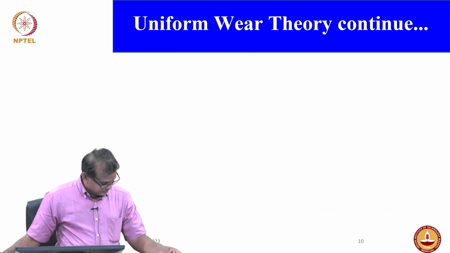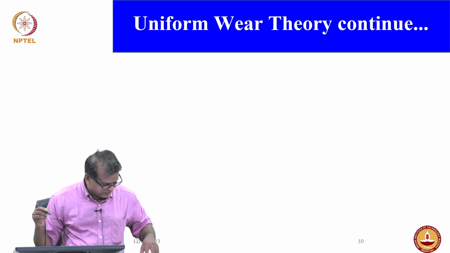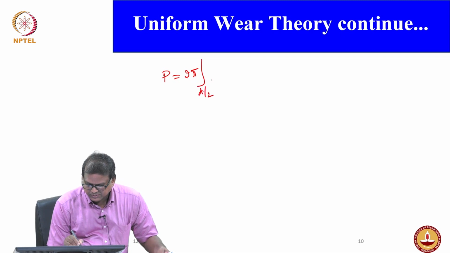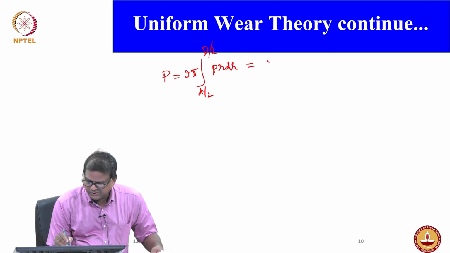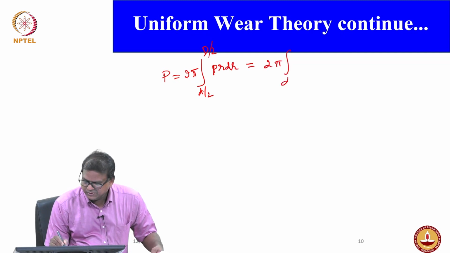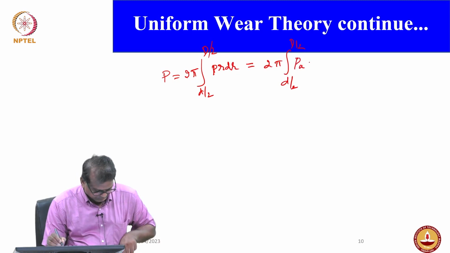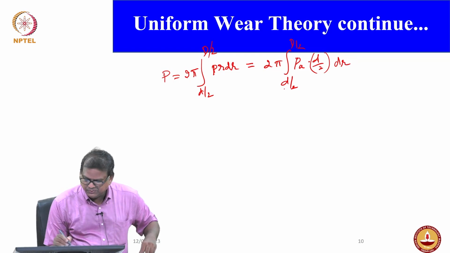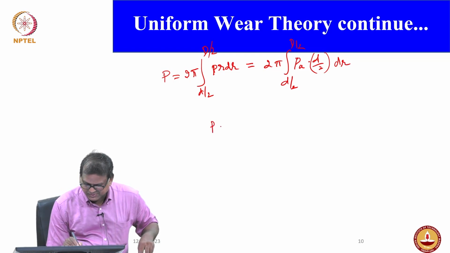Now we will do, as usual, the load aspect. The only difference is p_a will come into the picture. P equals the integral of 2 pi, same equation, p_a d by 2 times dr, where that replaces 2 pi p r dr. Once you substitute and do the integration, finally I am going to give the equation straight away.